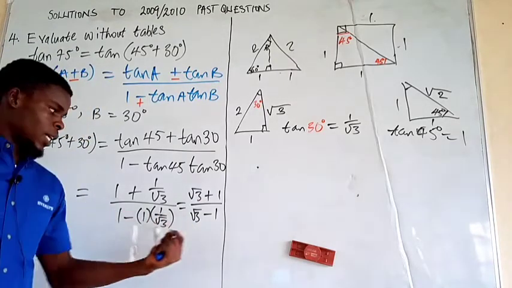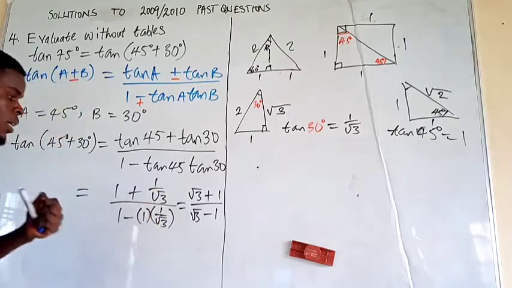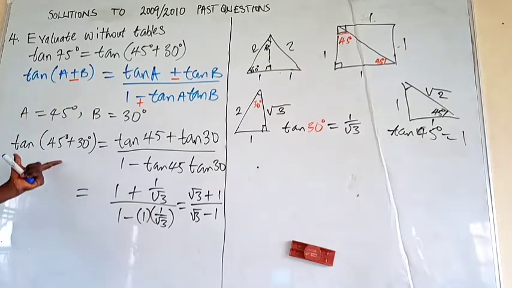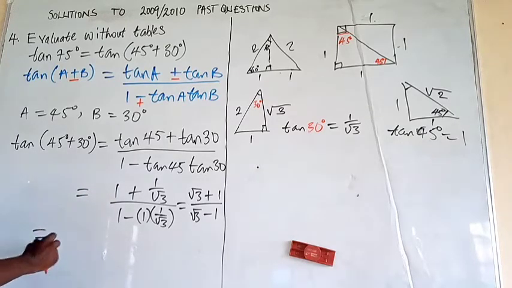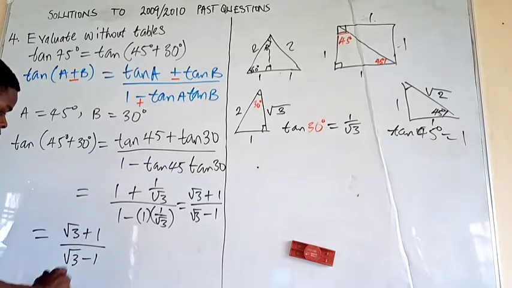That is what we get, okay? I'm just doing that by taking the LCM of the numerator and denominator. Since that was the only question, that is a nice place to stop. We can just write it as root 3 plus 1 divided by root 3 minus 1.